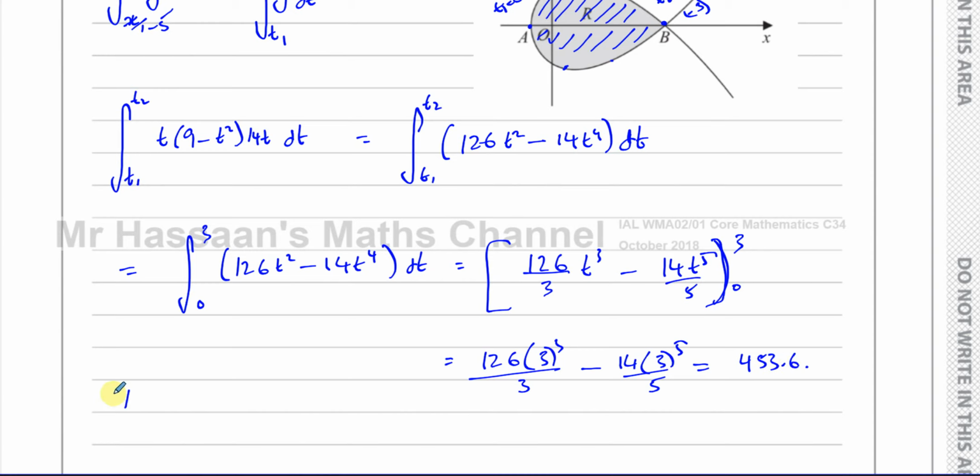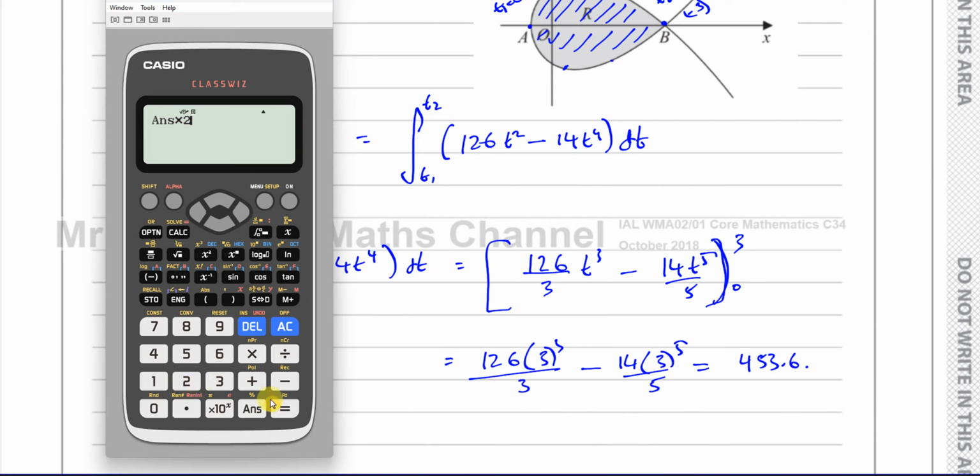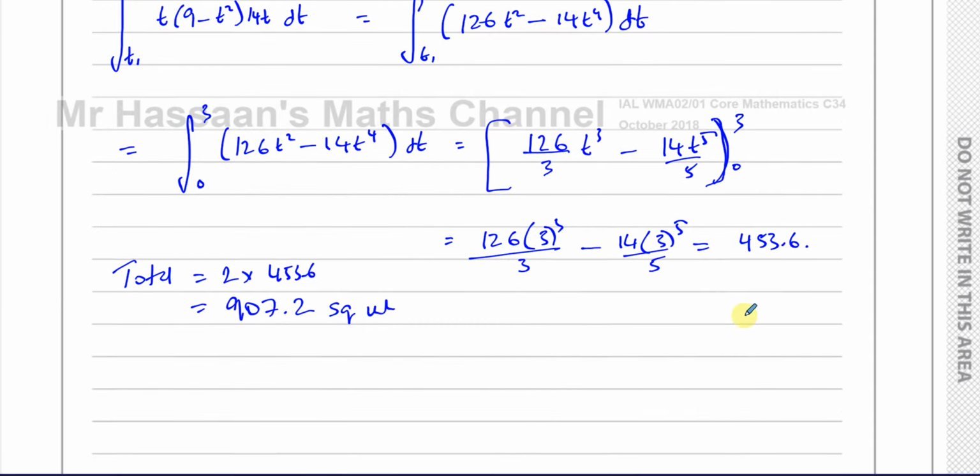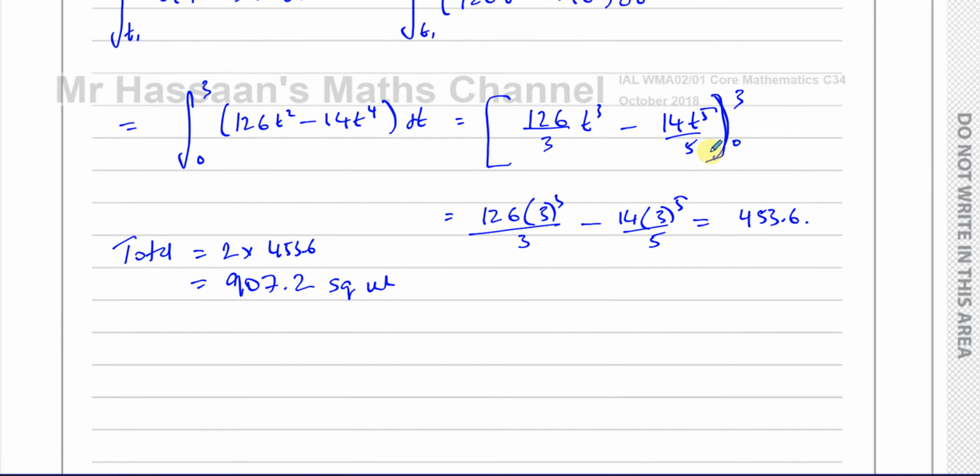So the total area we want is double that, 2 times 453.6, which will give us 907.2 square units.